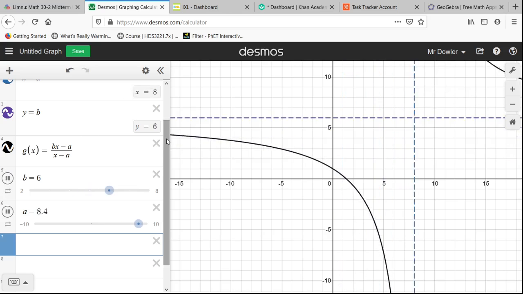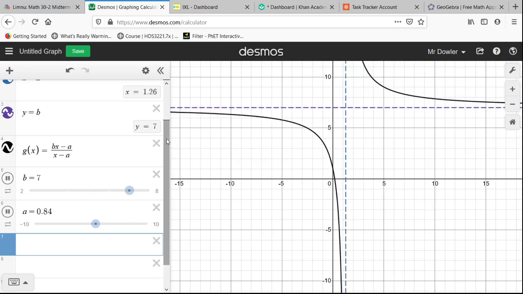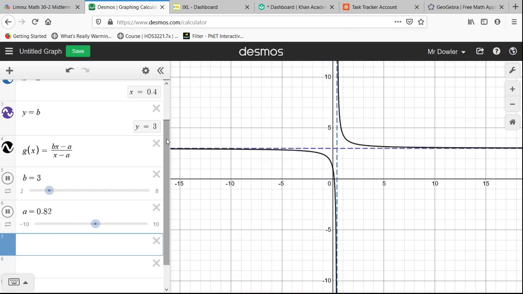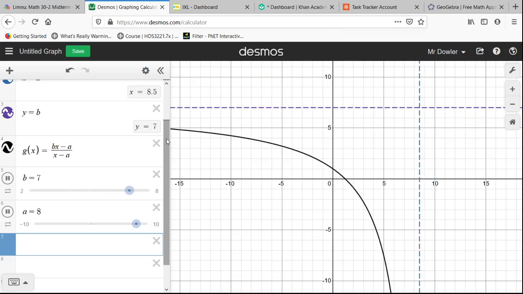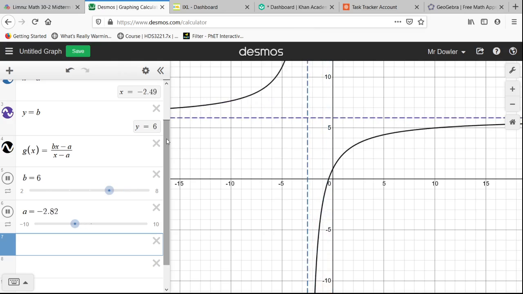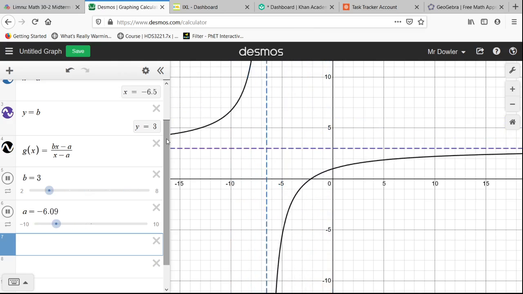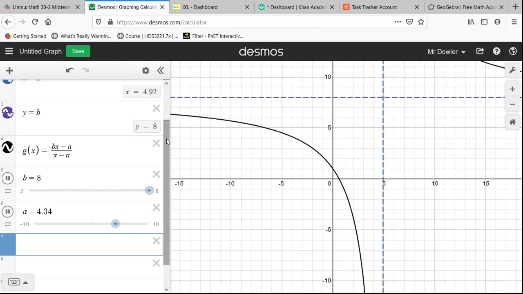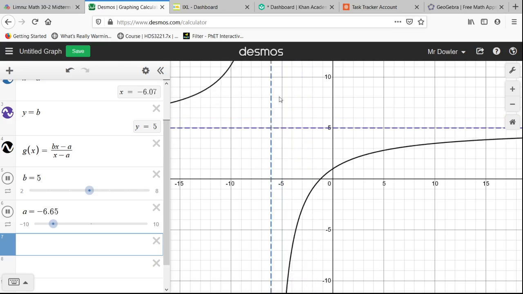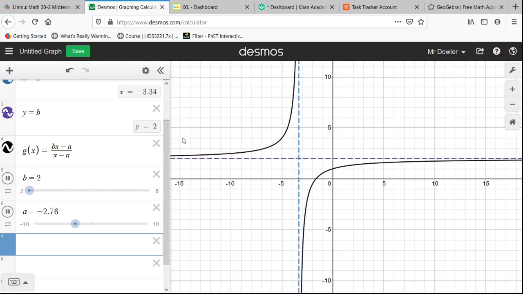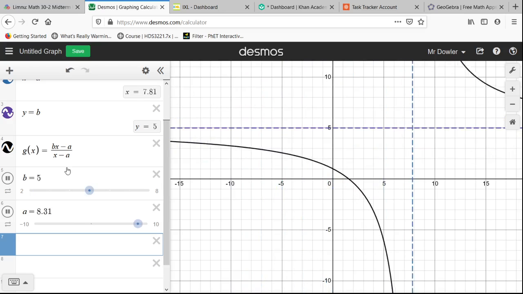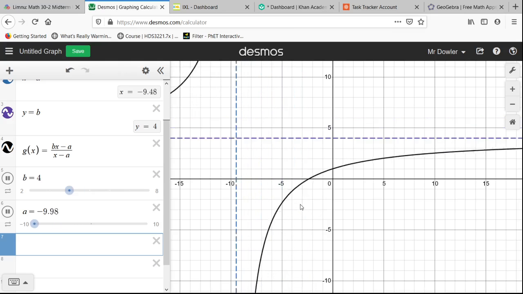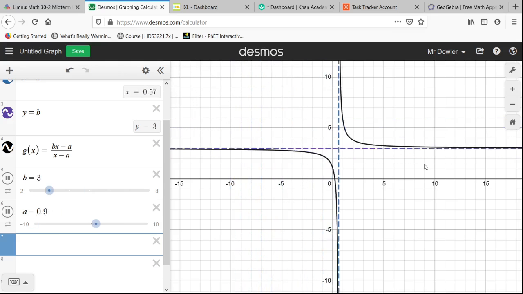But as we cycle through different values of B, we see how that ratio changes, and our vertical asymptote moves. We could cycle through different values of A, and we see how that moves our horizontal asymptote. Now, what do we notice about what happens when our A value crosses that y-axis? Yeah, the hyperbolas change position. When our A becomes negative, then as x becomes greater and greater, we end up with a negative value here.